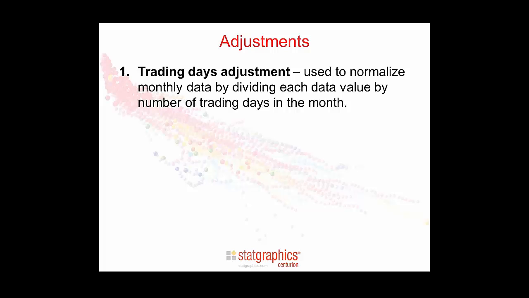What a trading day adjustment does is it basically normalizes data based upon the number of trading days in the period. For example, let's suppose I was looking at monthly sales data. Some months have more trading days than others. Some months have more days. Also, some months have more Saturdays and Sundays.